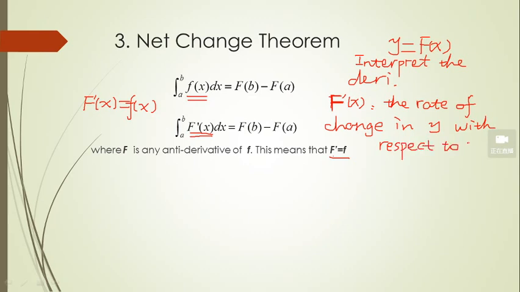We need to recall the interpretation of derivatives in chapter 2. So if we let the big F be y, the derivative of big F, we can interpret it this way: the rate of change in y, or in F(x), with respect to x. So that is the rate of change of big F with respect to x.